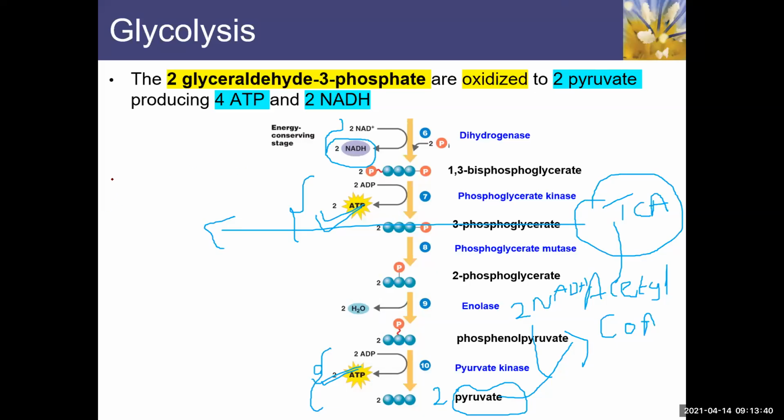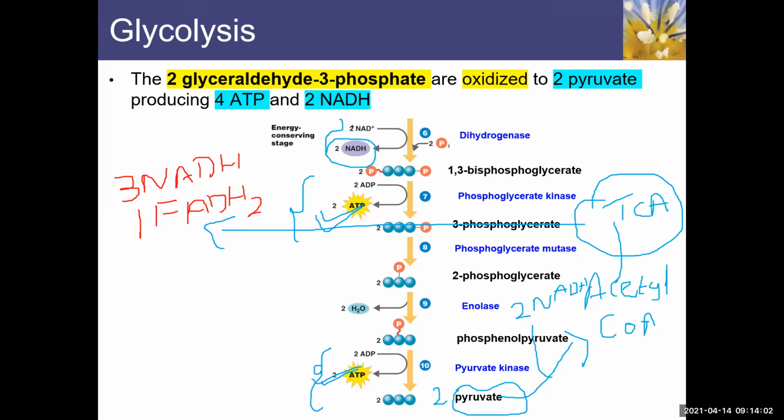Absolutely. In the TCA cycle, we got 3 NADH. This is something which I'm explaining from the previous chapter. 3 NADH, very good. We produced 1 FADH2. So this should be on the tip of your tongue. This is very important.